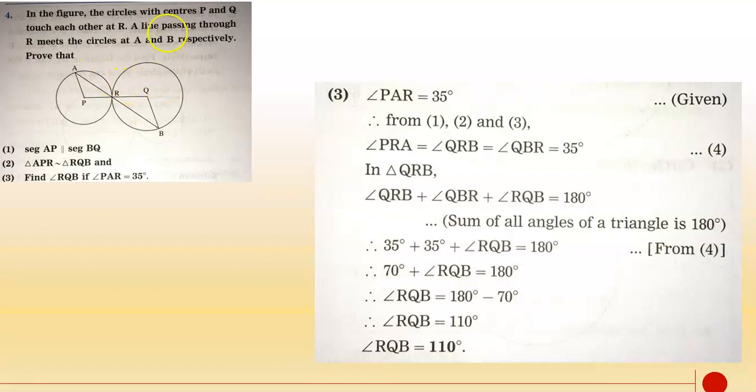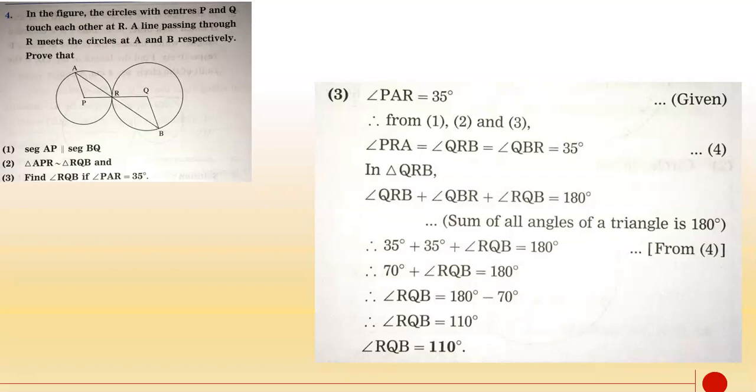Now in this particular triangle, angle QRB plus angle QBR plus angle RQB is equal to 180 degrees. These are the angles formed in a triangle. So the reason for this would be the sum of all angles of a triangle is 180 degrees.